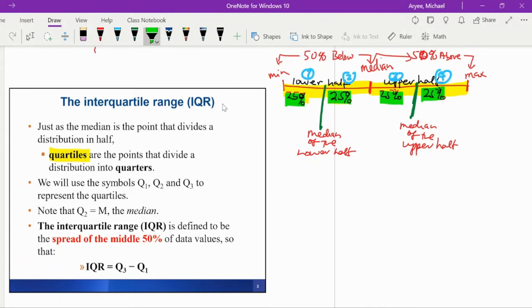Okay, now we have a special name that we call the median of the lower half. This is called Q1, the first quartile. It's also called the lower quartile.